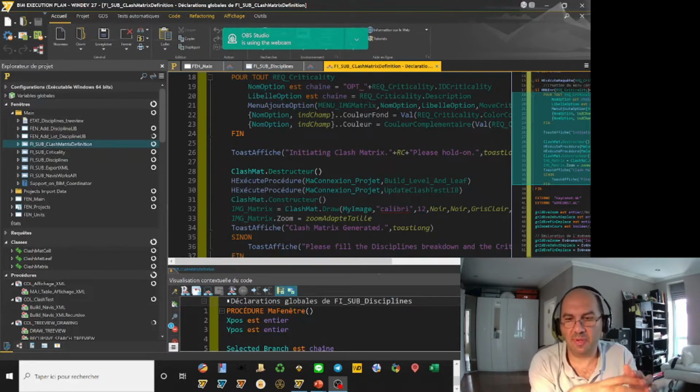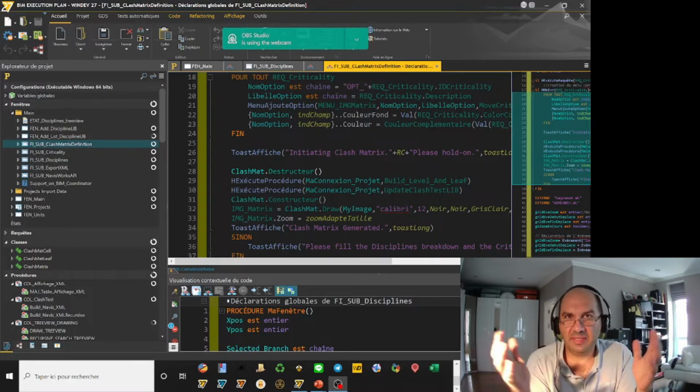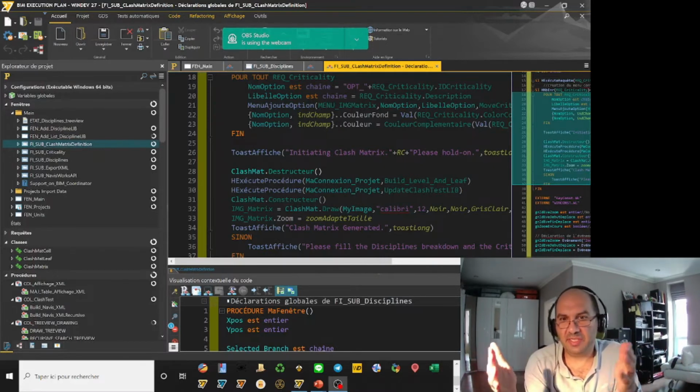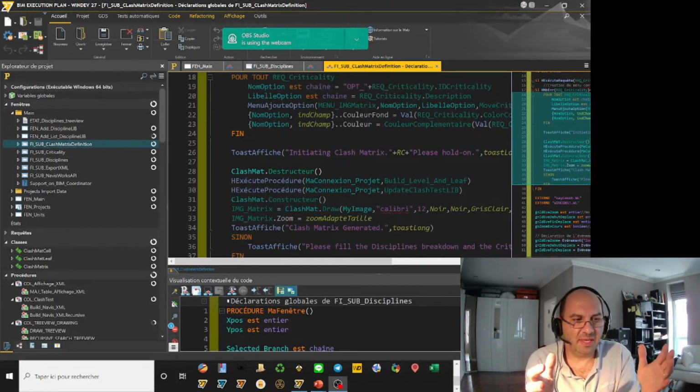Just an example: if you consider you have 10 disciplines on the project, you basically have 10 by 10 divided by 2, which means 50 combinations of coordination clashes to be considered. So on a project, usually you go for 20, 30, 40 different disciplines and sub-disciplines.